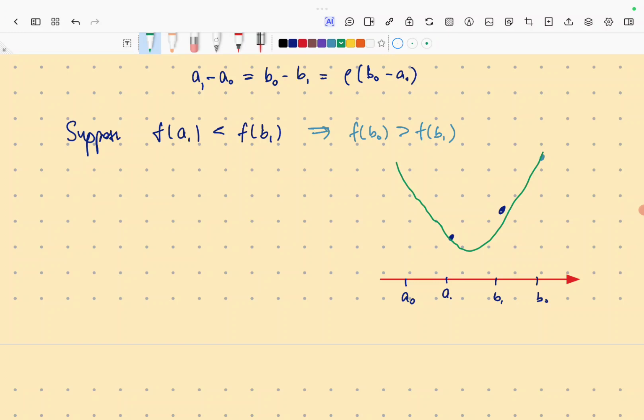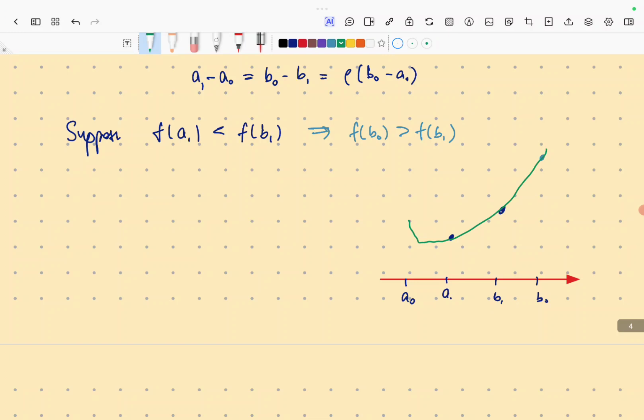It could also lie between A0 to A1. Do you agree? Because, for example, it could be something like this. So the minimum can be anywhere. But can the minimum ever lie between B1 and B0? That is not possible. The function can't increase and then decrease. That's something we've explicitly forbidden.